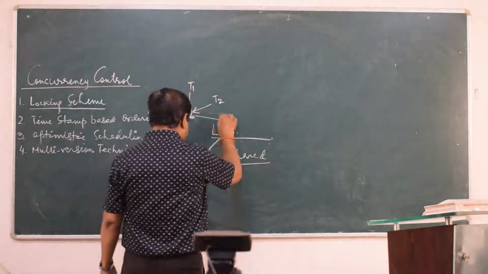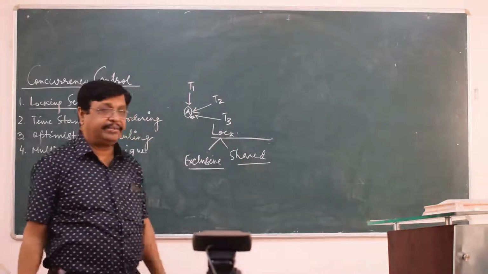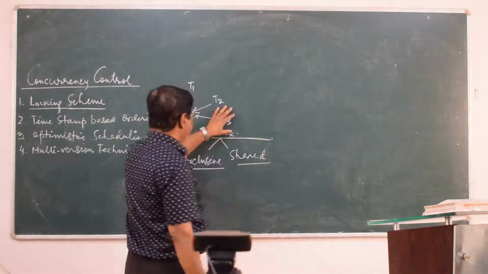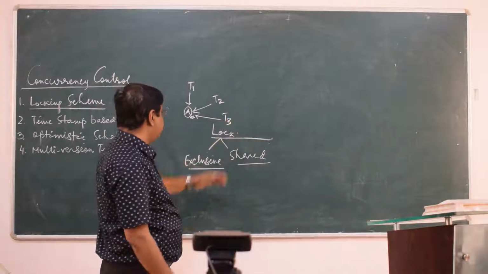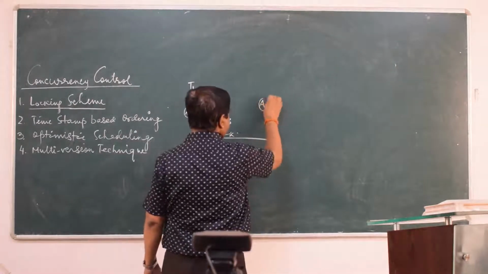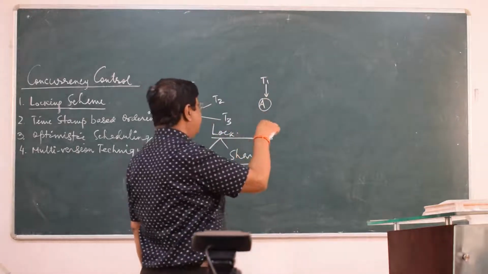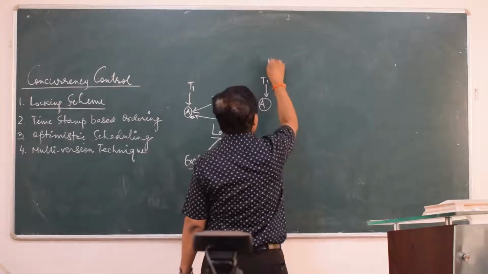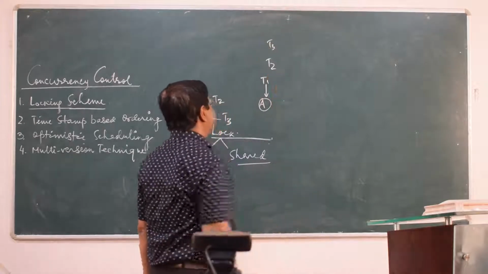At the same time, suppose transaction T3 also attempts to access data item A. What would happen here? T3 would again be queued behind T2 because T2 arrived first. So what would be the situation? A would be locked by transaction T1, T2 would be waiting behind T1, and T3 would be waiting behind T2.